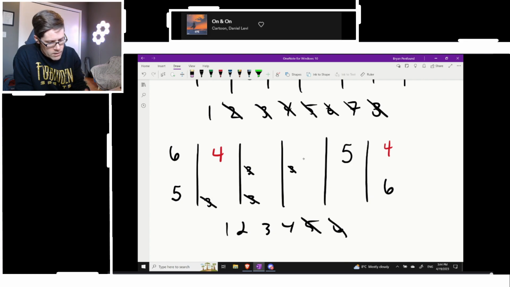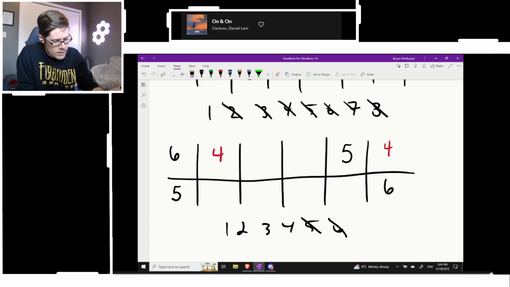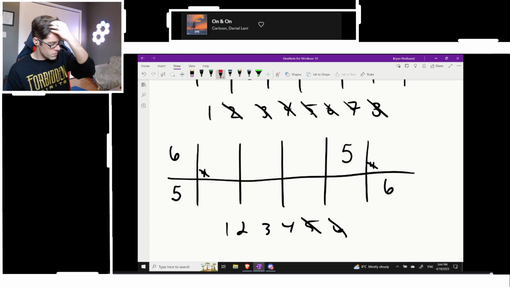That doesn't make any sense. So if I start the 4s there and there in red, I have no possibility of placing a 3. So let's not put the 4s there, and let's put them somewhere else.